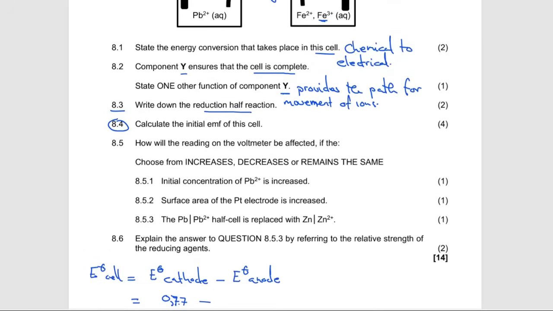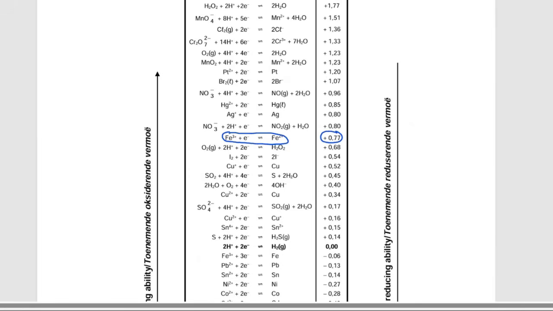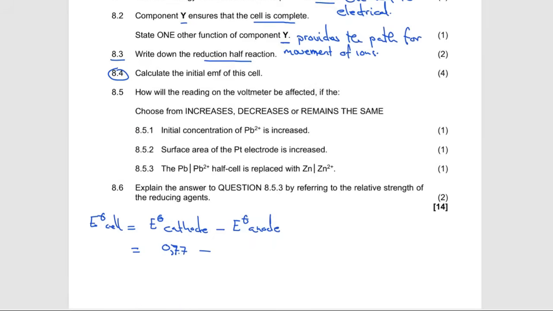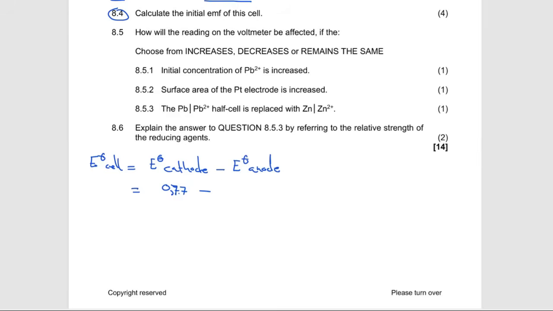If we look at the reduction table, we're going to find our Pb. It has a value of negative 13 there. So I'm going to say minus negative 13.